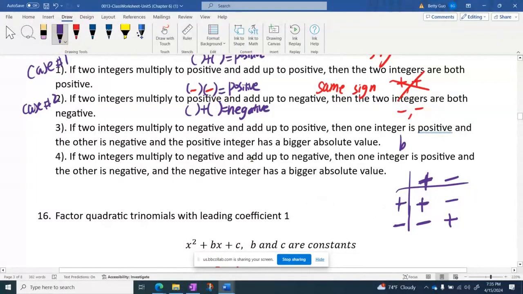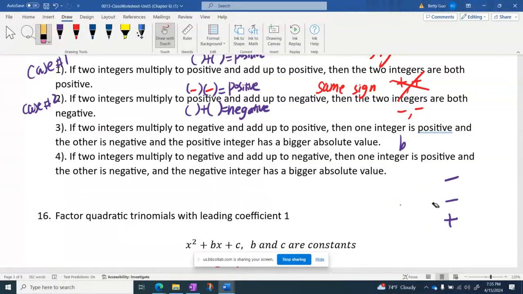Or I can give you specific numbers. Let's talk about 2 and 3. They're both positive, right? So they multiply to positive. If we have two numbers that are both negative, for example -2 and -3, they multiply to positive.